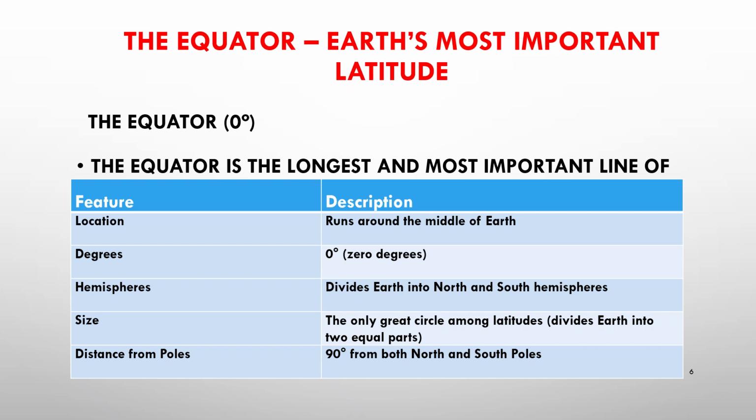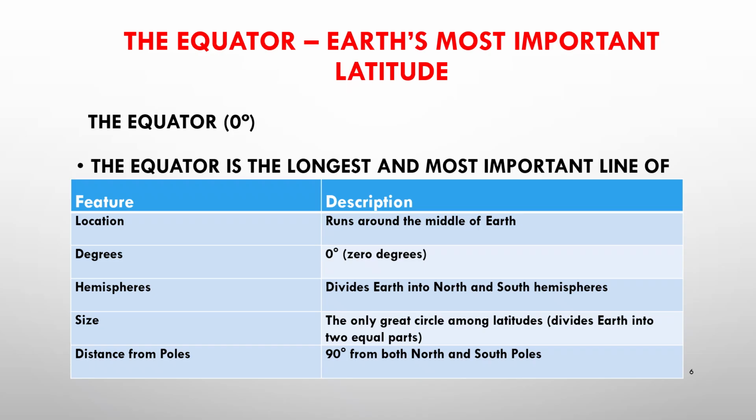In terms of degrees, the equator is designated as 0 degrees. This is the reference point from which all other latitudes are measured. Every other latitude is defined by its distance north or south of the equator.